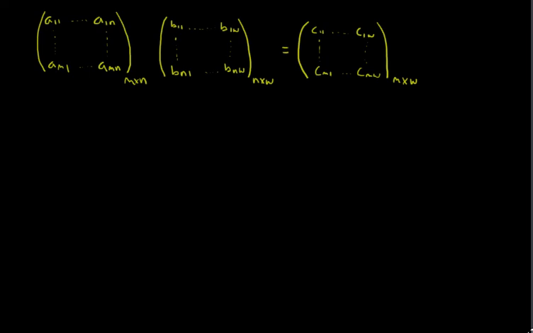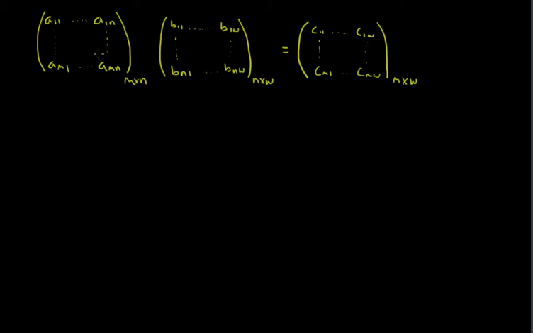If you look at the matrix in the top left corner, we have a matrix A of dimension m by n. So that's m rows by n columns. This is element A11, so that's A row 1, column 1, and this is A row 1, column n, A row m, column 1, A row m, column n.